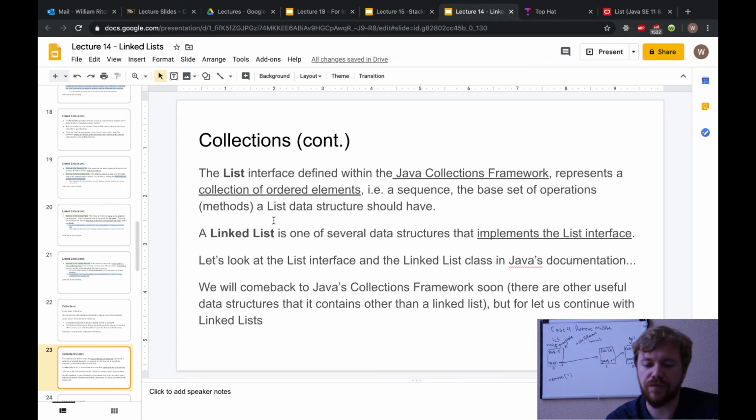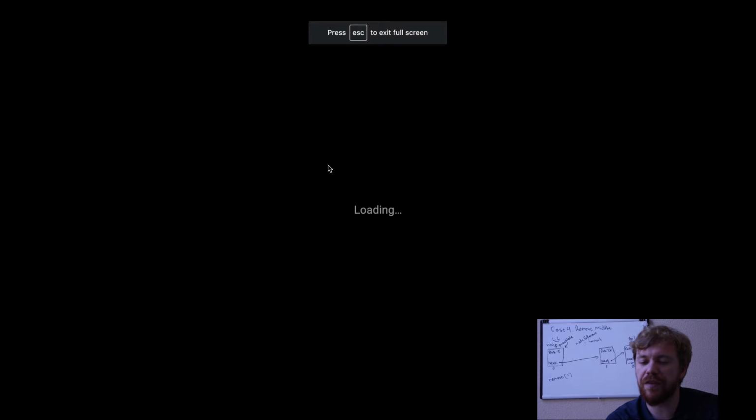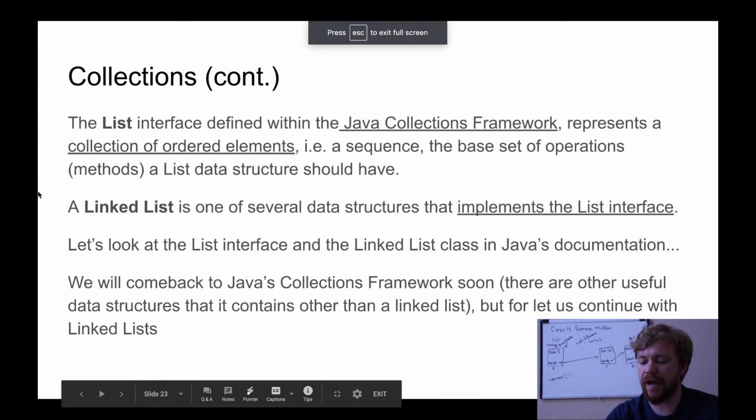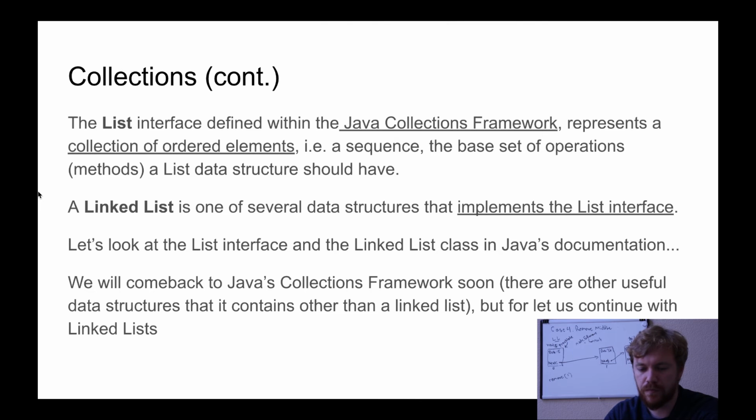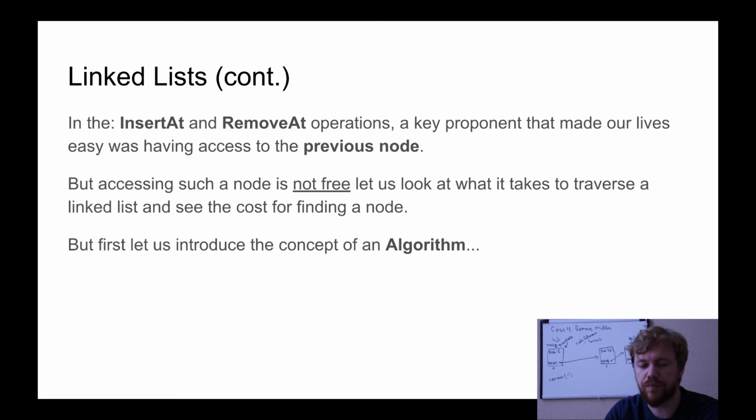And so that list interface is big in defining the methods that lists should have. And so there are other useful data structures in Java's collections framework, other than the linked list or array list. But for now, we'll go back to the linked list.